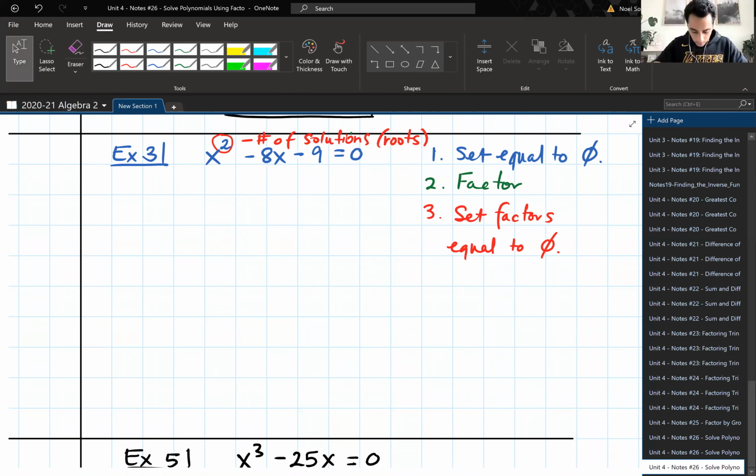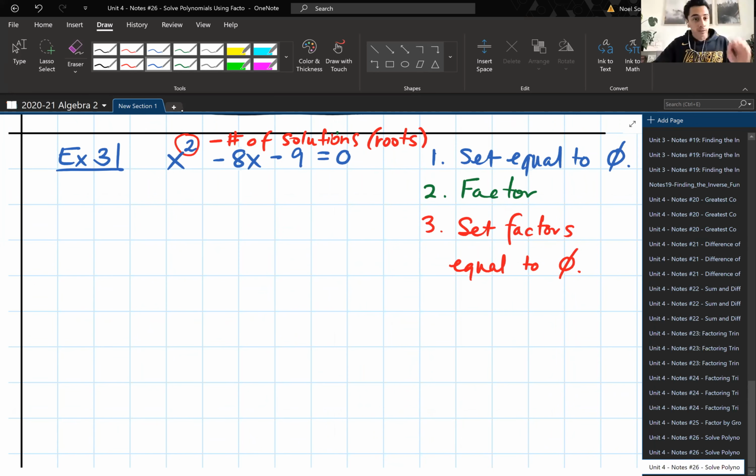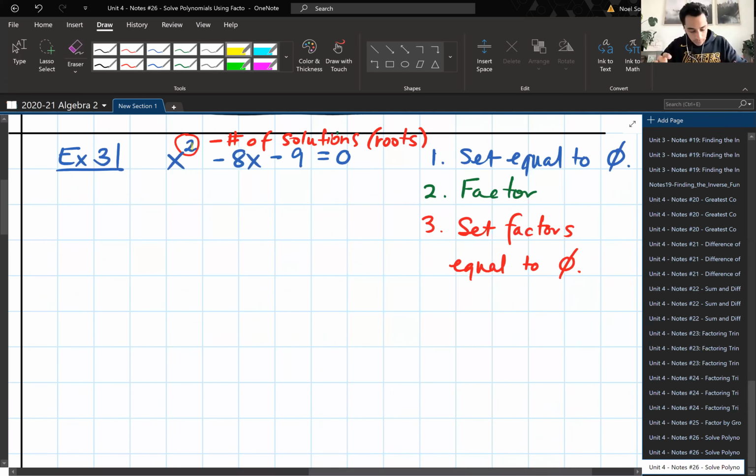All right. Now you notice I wrote a note here. I circled the 2 and I wrote that this represents the number of solutions or the number of roots. All right. This is an x to the power of 2. That's a quadratic, right? So quadratics have a power of 2 for a reason, because it means that they have 2 roots, right?